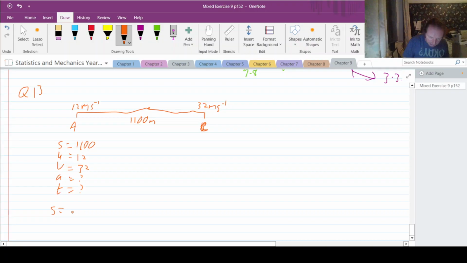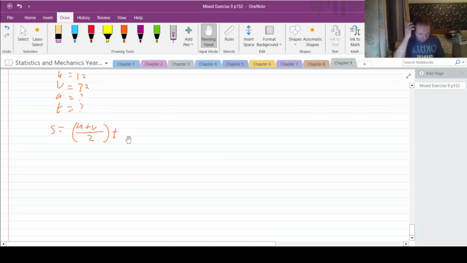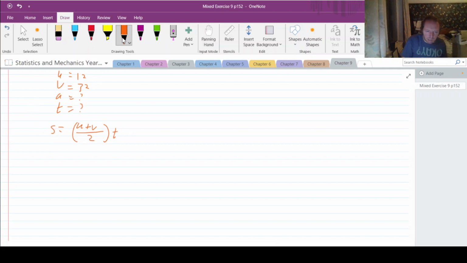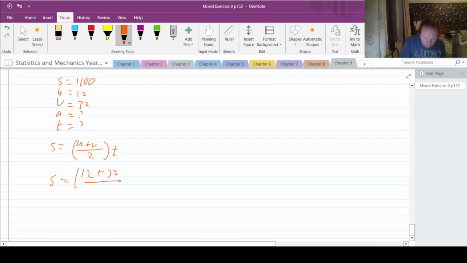So we're looking at S equals (U plus V) over 2 multiplied by T, basically the trapezium formula. So S equals 12 plus 32 over 2 times T.